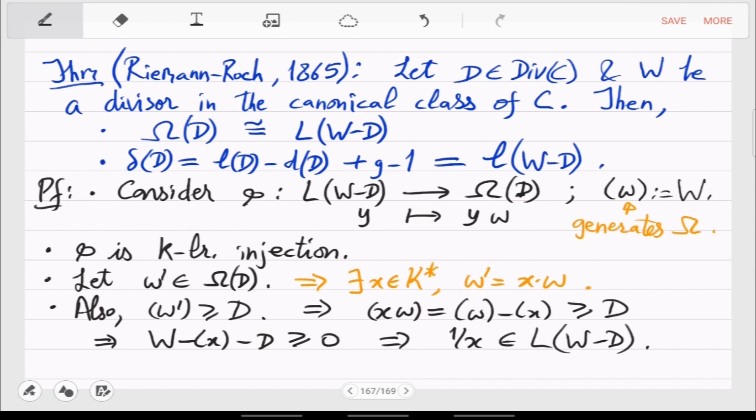You can put the x inside the L. So give me a y which will work, which will give me x omega.